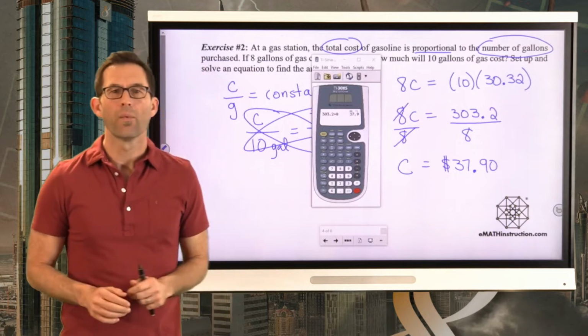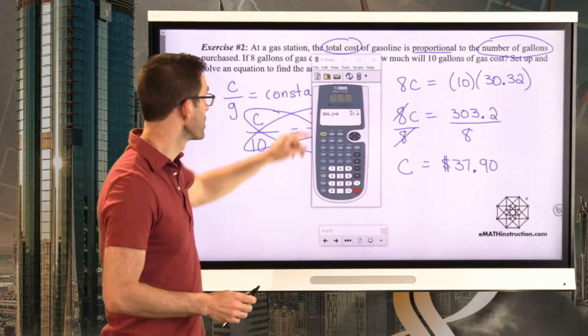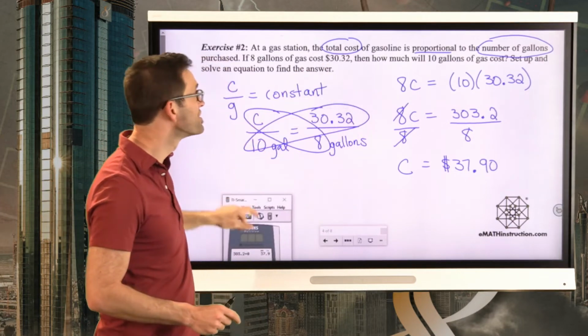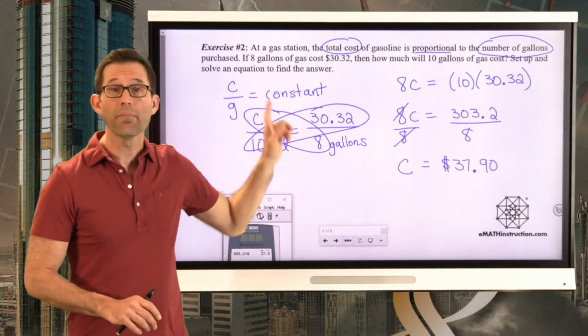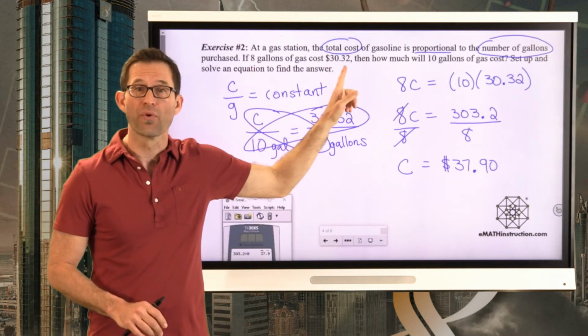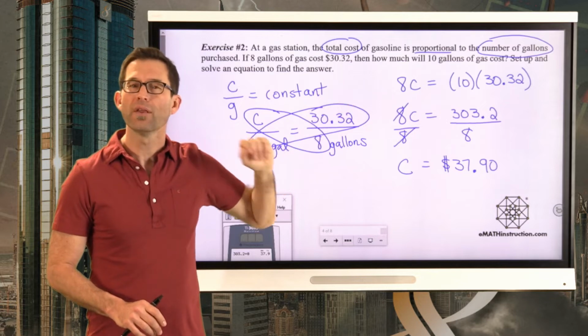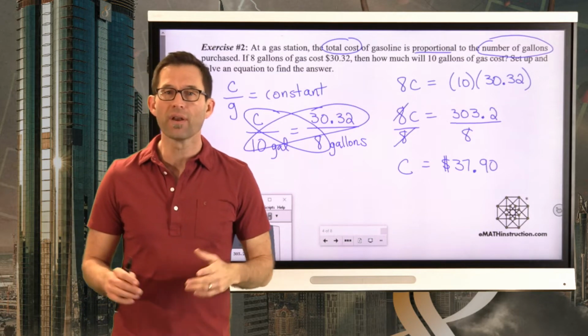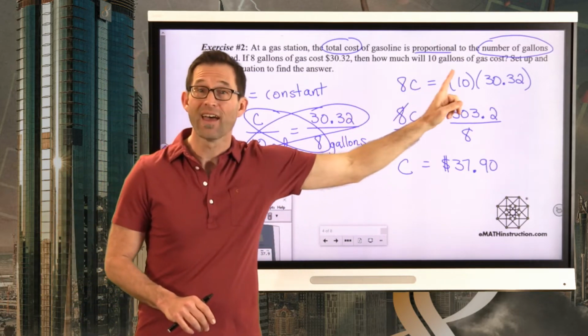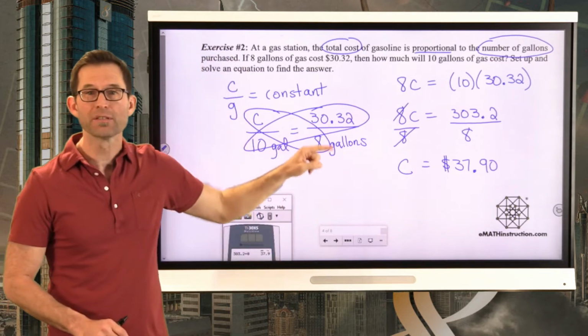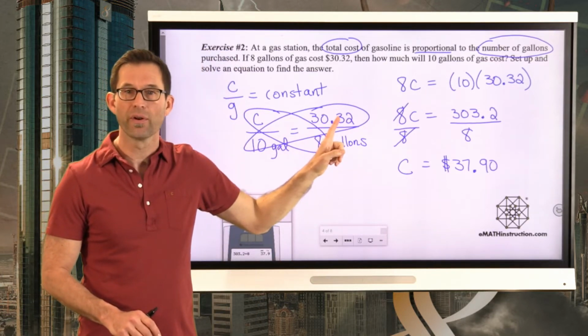You see this a lot when you're working with two variables that are proportional to each other. And what I mean by that is you get a pair, right? 8 gallons goes with 30.32. And then you're looking to fill in the missing part of another pair. I don't know what 10 gallons costs, right? So I've got this pair, 8 gallons costs 30.32.